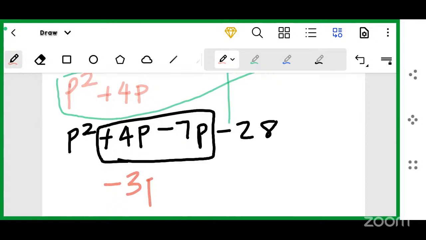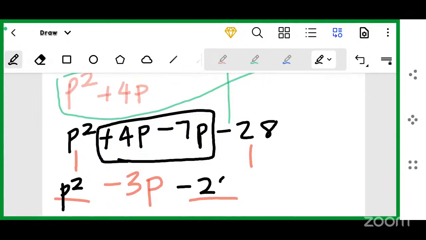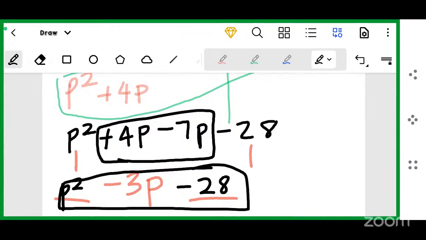Let's not forget the p. So let's drop this and drop this. What's going to be on our first part and what's going to be on our last part? P to the power of 2 and negative 28. So this one is our answer.